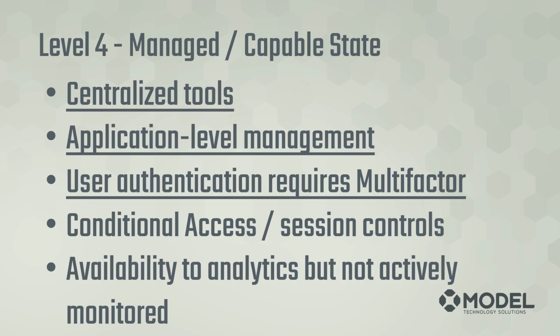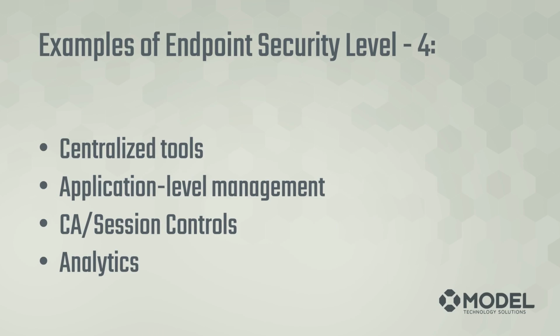And maybe you have some availability to analytics, but you're not actively monitoring them or taking any action on them. So that's what we're really classifying as a level 4 managed capable state. From the outside, this is a pretty sophisticated setup, right? We'll dive into what some of this looks like. So let's go into the examples of what security level 4 looks like.